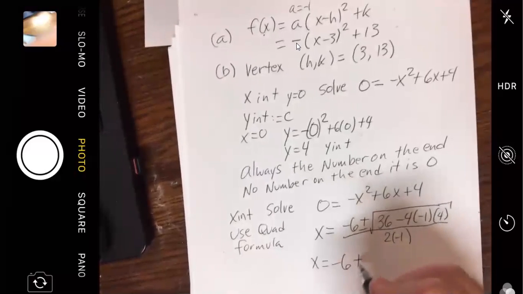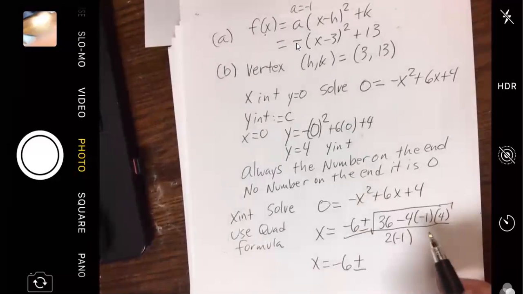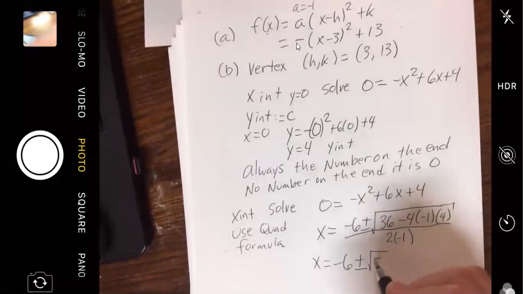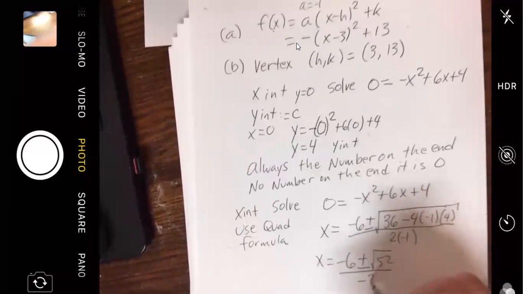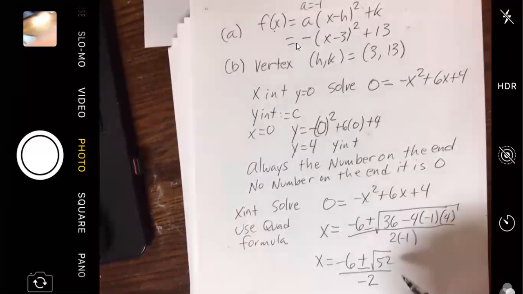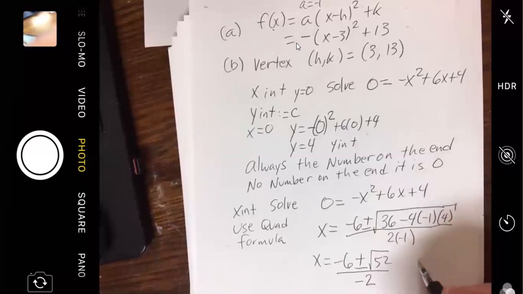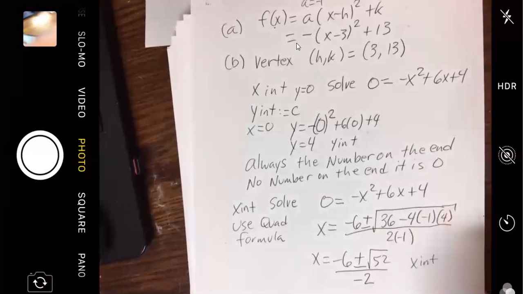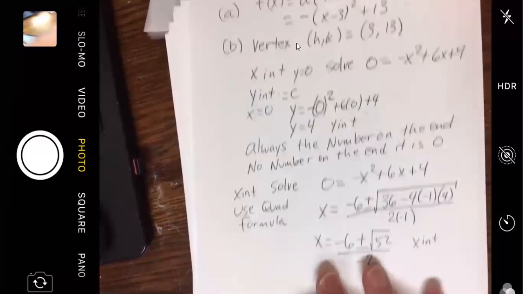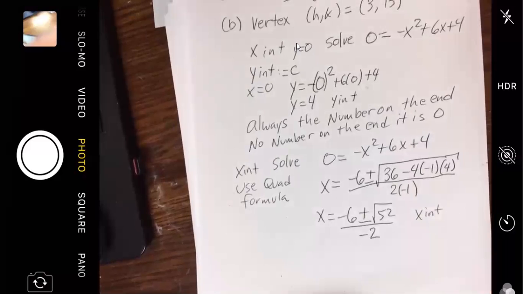Looks like you're going to get 36, add 16, 52, over negative 2. And you could go further and get decimals, and that would be the x-intercepts on the graph. But we won't. We'll just leave it like this. So that does part B.